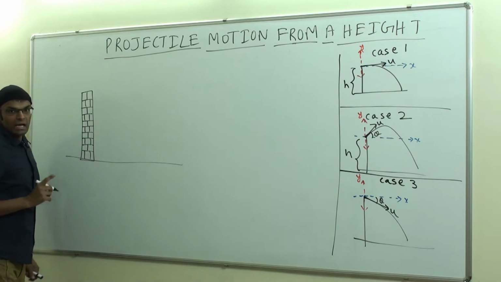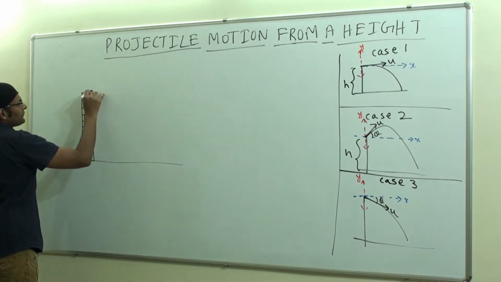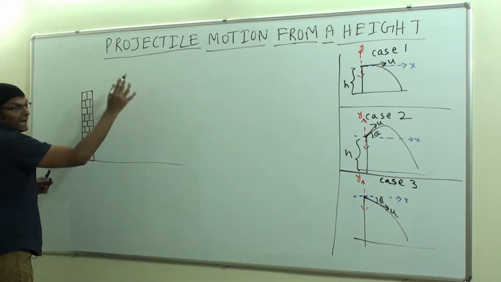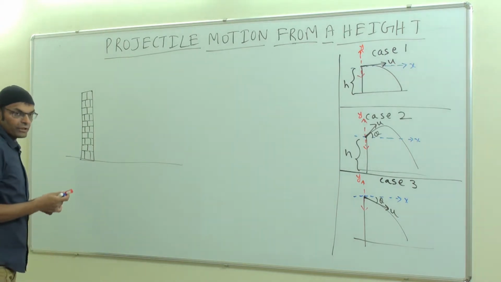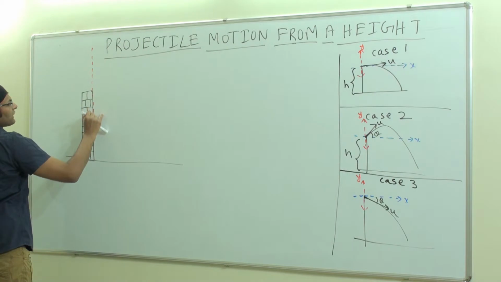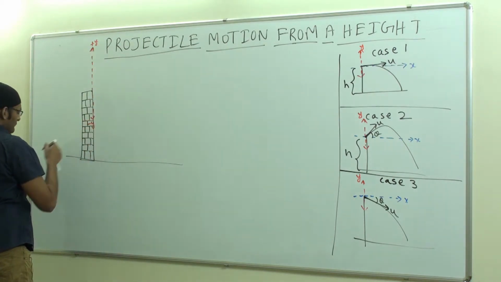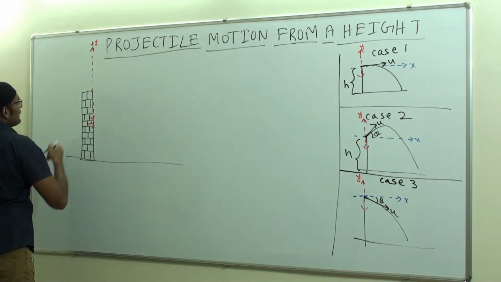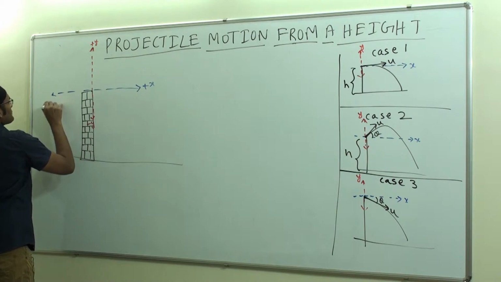Now what I am going to do is, I am going to throw this ball from the top of the tower with an angle with the horizontal. Let me divide this into two components, that is x component and y component. Let the top of the tower indicate plus y coordinate system, this is minus y, and let this indicate plus x and this is minus x.